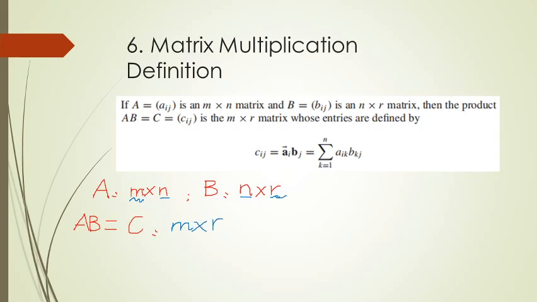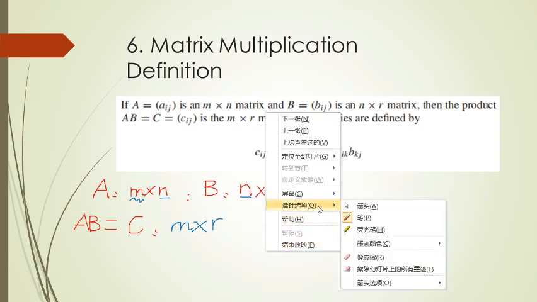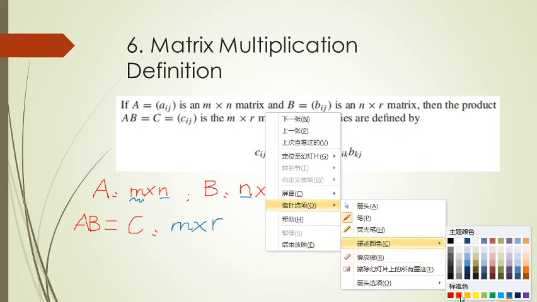Everyone is clear? So that will be the number of rows in matrix A, then the number of columns in matrix B. So those N disappear. The format for matrix C is M by R.